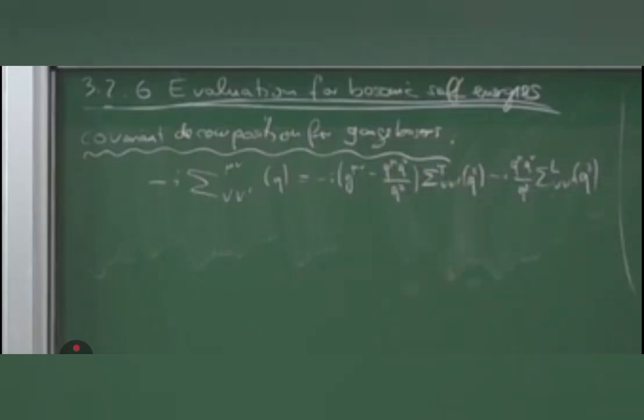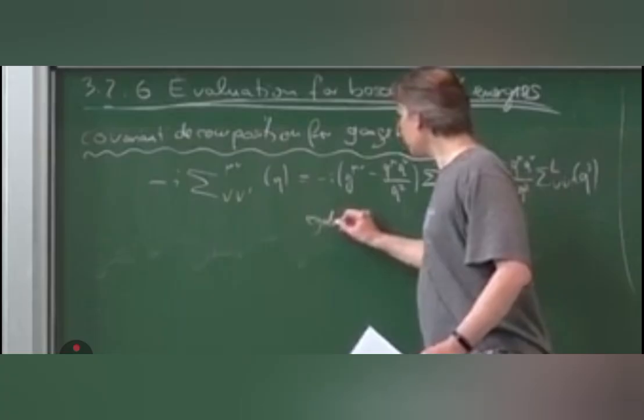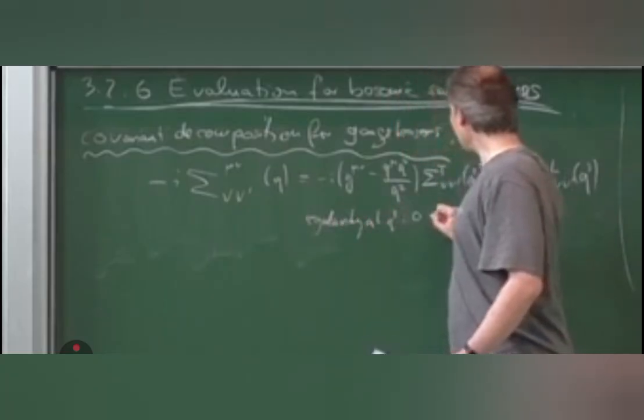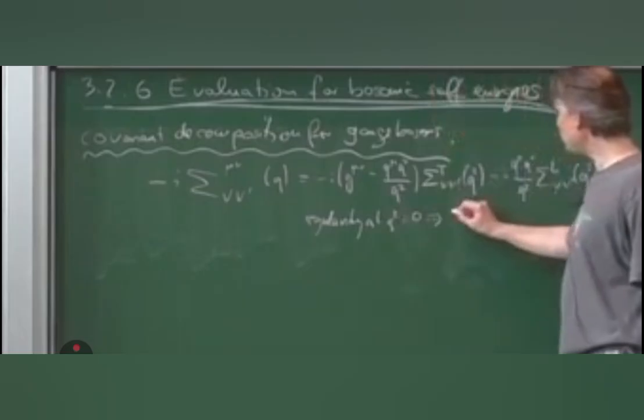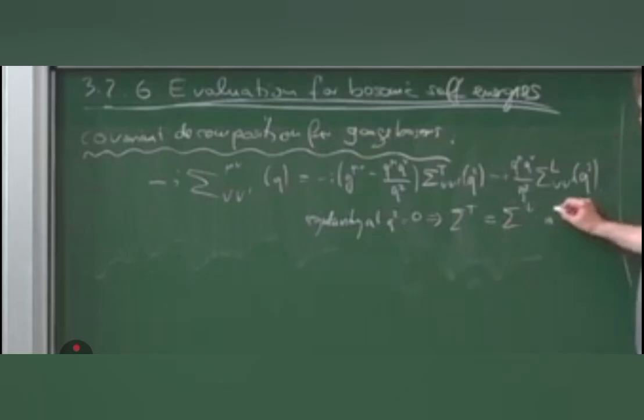And so therefore we need also this denominator, and that is singular, and therefore the regularity at q square equals 0 has now an important implication, namely that at q square equals 0 the transverse and the longitudinal self-energies are equal. That is something that can be used in explicit calculations.